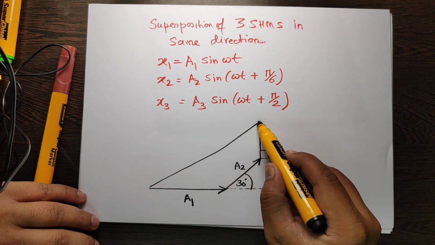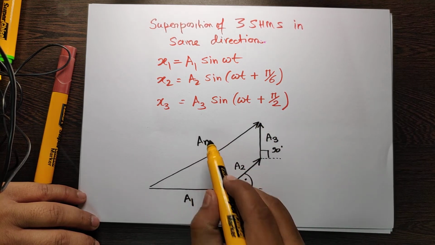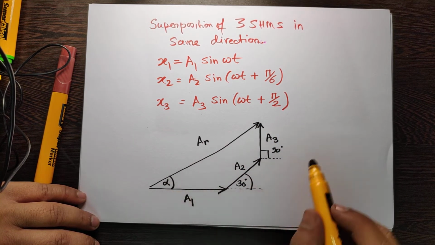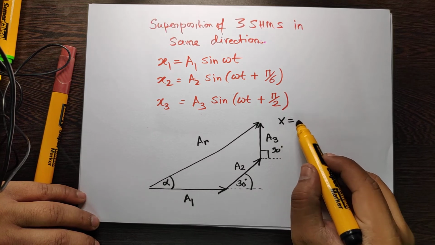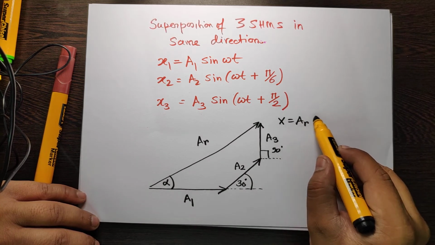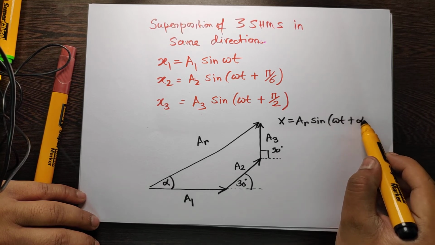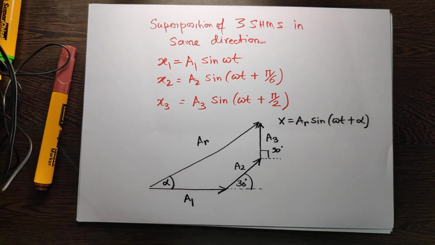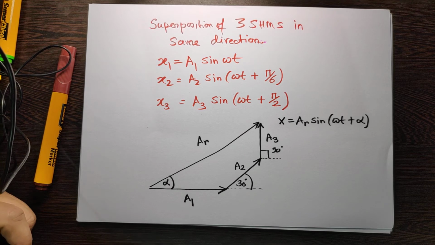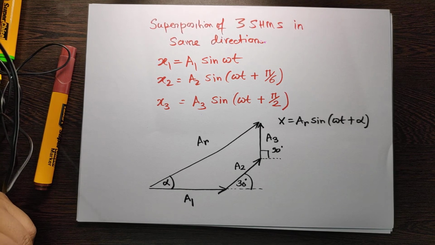Now this is the resulting SHM AR, and this is alpha. So you can write the equation as AR sine of omega t plus alpha, and you can find all these values by applying the polygon law of vector addition, though they are not vectors.